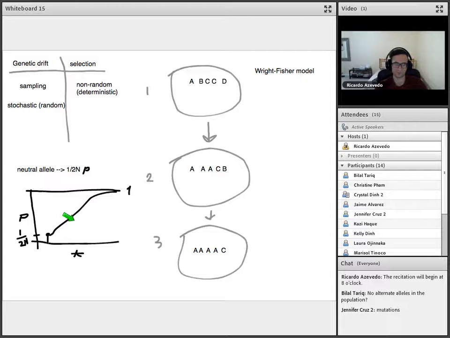Anyone? Any suggestion? What is the probability of fixation for this neutral allele? First of all, what force is going to result in the fixation of this allele? Is it going to be selection, drift, or both?